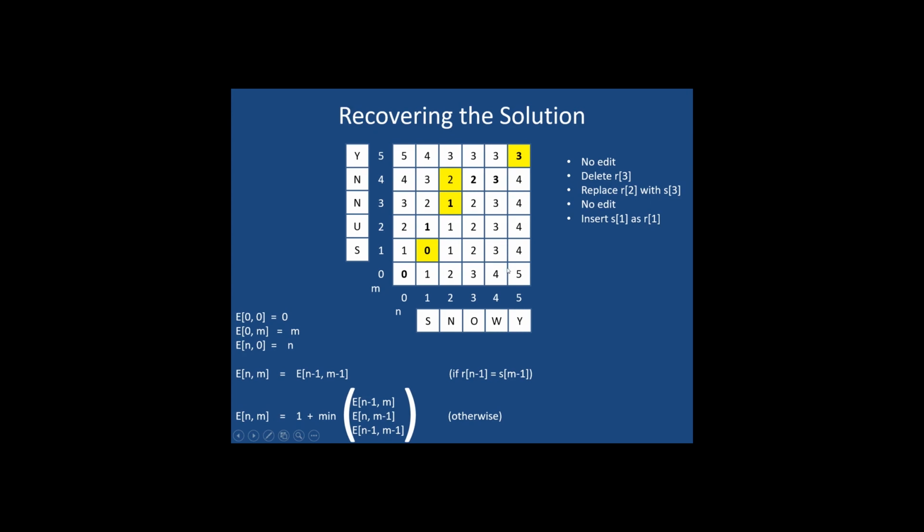You never look at them again, right? You fill in this row, then you fill in this row, then you could throw the first row away. You don't need it anymore. So you could get by with just 2 one-dimensional arrays. One is the row you're currently computing, and one is the row you previously computed. Then when you're done, the row you just computed becomes the previous row, and now you compute a new row. So you end up just needing linear space in that case.